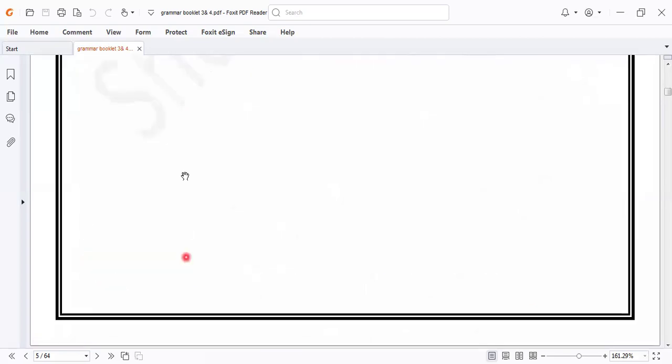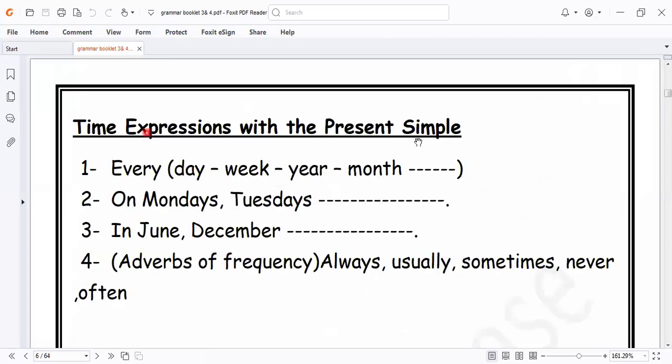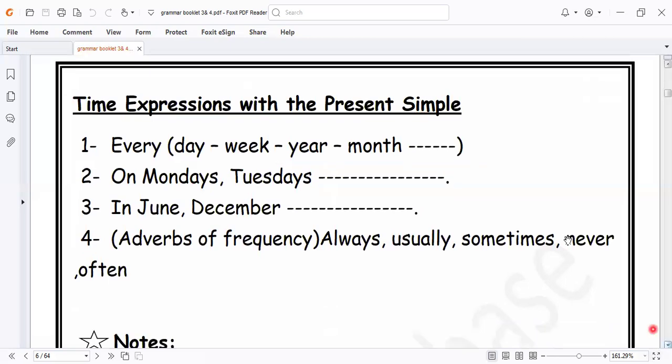Let's go to another item. We have here the expressions that describe the present simple tense. When we see these expressions in a sentence, I know that it is present simple. In past simple we have expressions that describe past simple, and we have keywords that describe present continuous and past continuous.